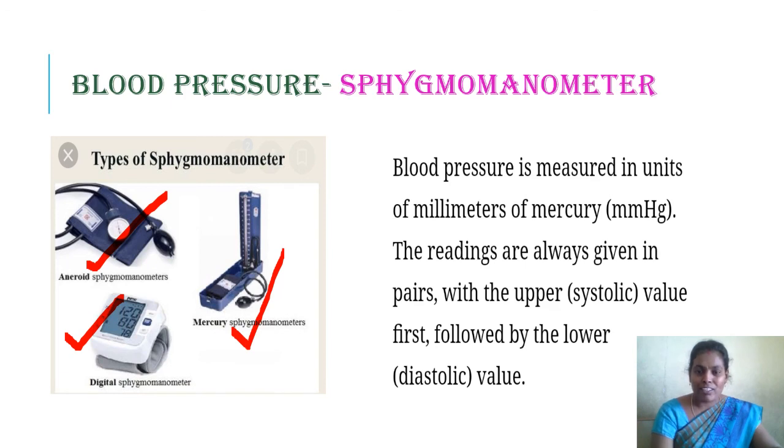The readings of blood pressure are always given in pairs, with the upper value first followed by the lower value. The upper value represents systolic pressure and the lower value represents diastolic pressure. Blood pressure is measured by the instrument called sphygmomanometer. Remember this word, it is very important. Sphygmomanometer.